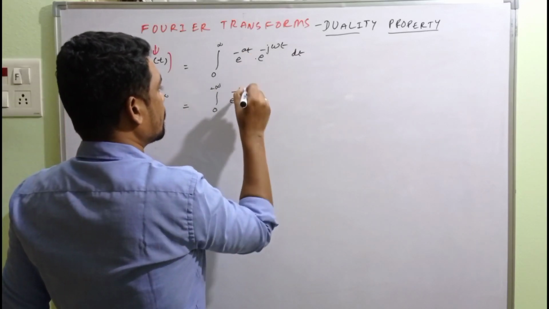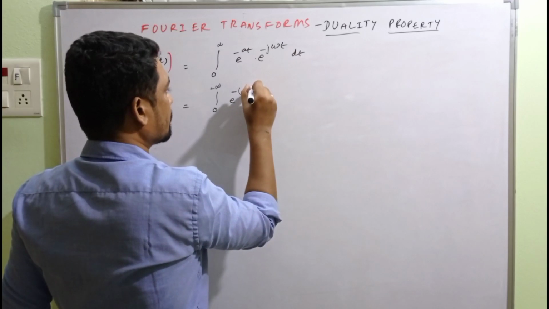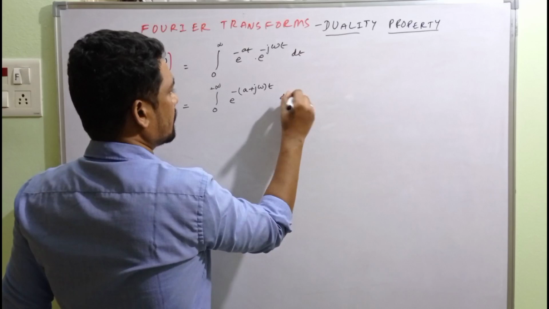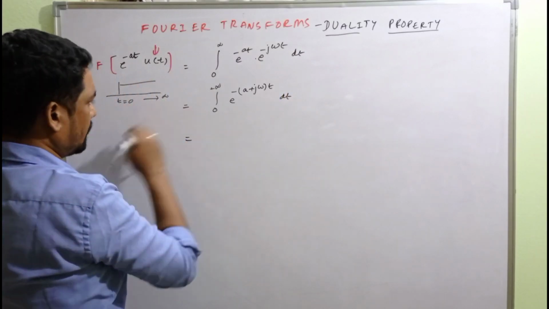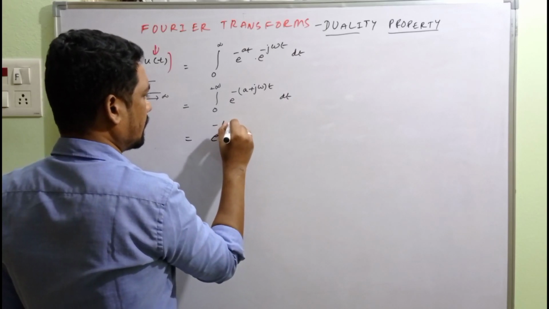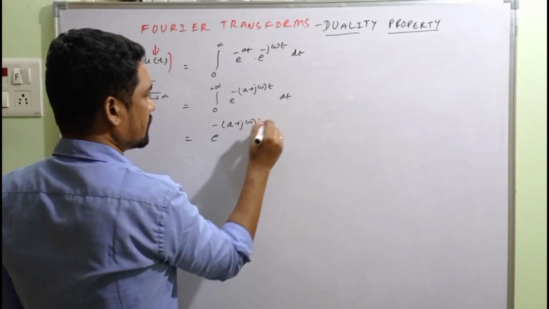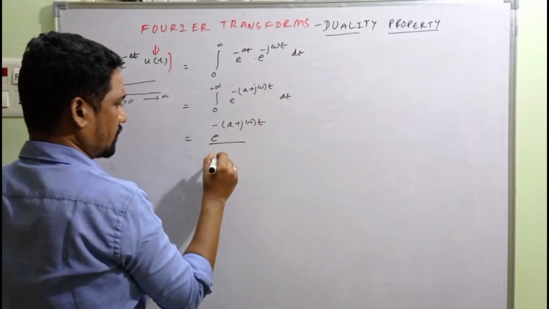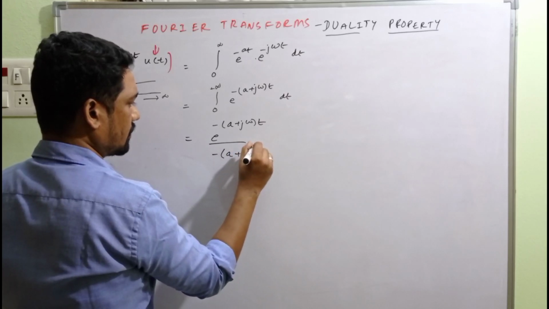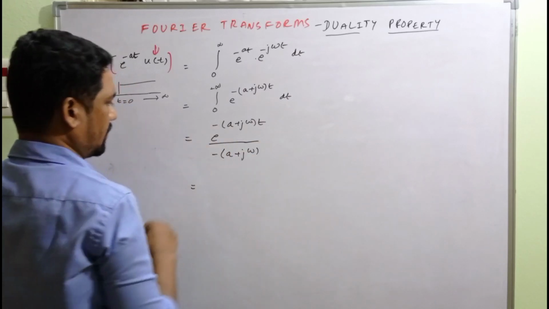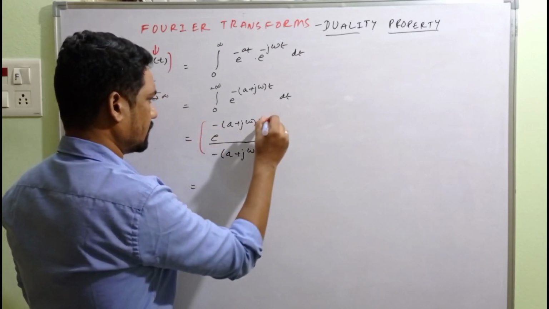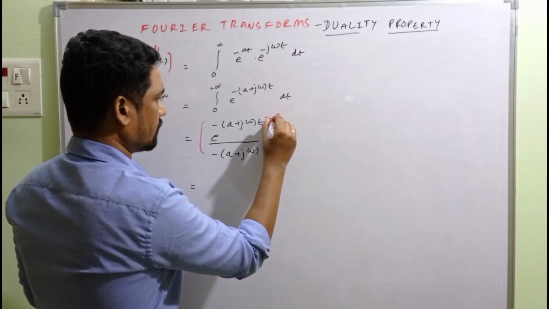With negative as common, it's a plus j omega into t, dt, isn't it? So integrating that will be e raised to minus of a plus j omega into t, divided by minus of a plus j omega. And why did I stop over here? This isn't the final one. We have the limits 0 to infinity.